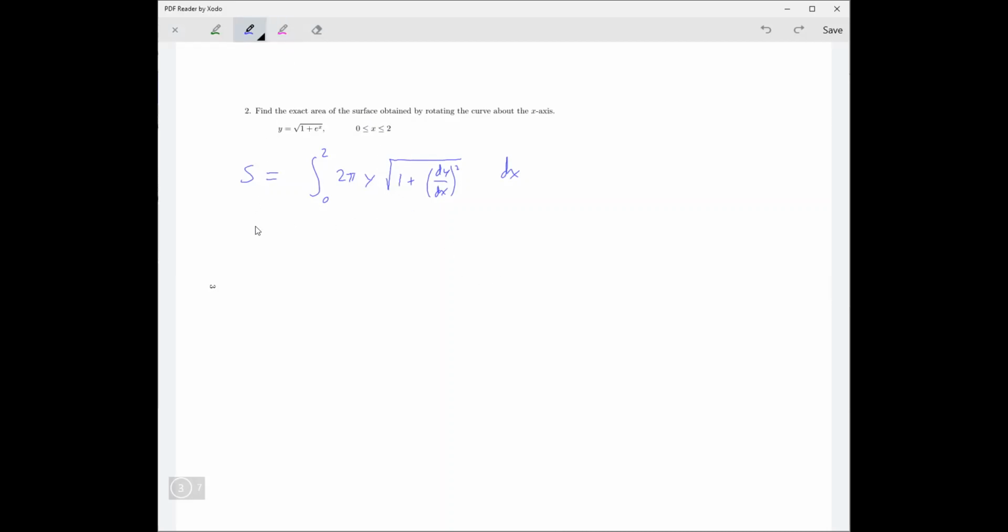And so let's just start plugging things in. Our y is going to be the square root of 1 plus e to the x. That's our y.